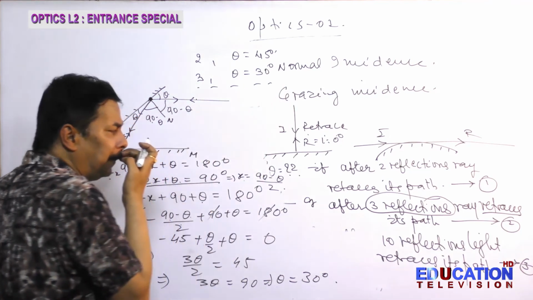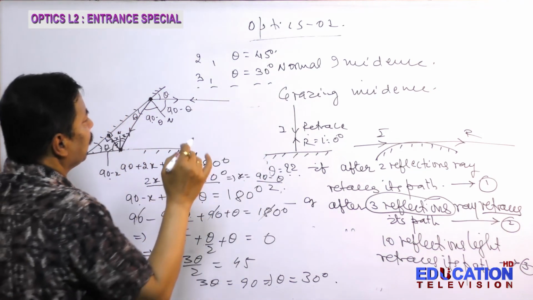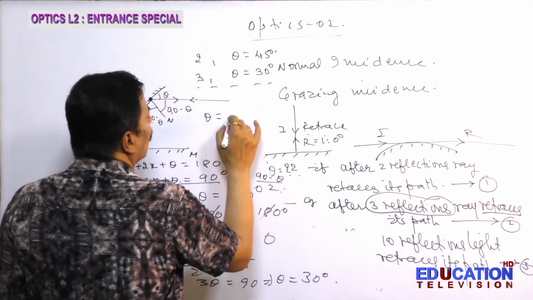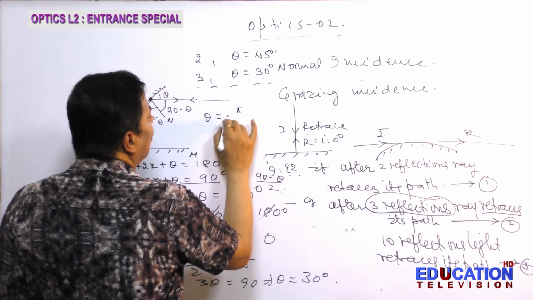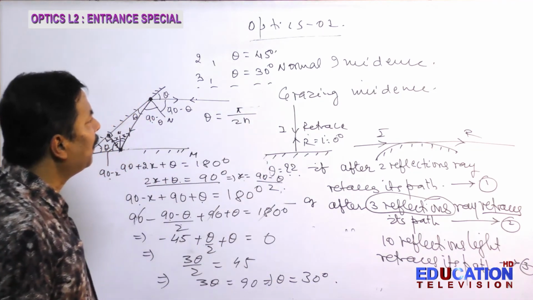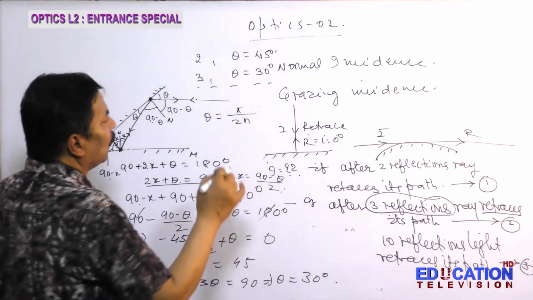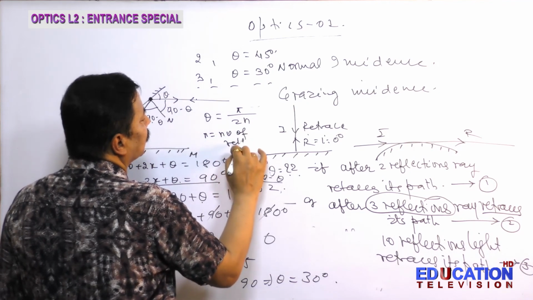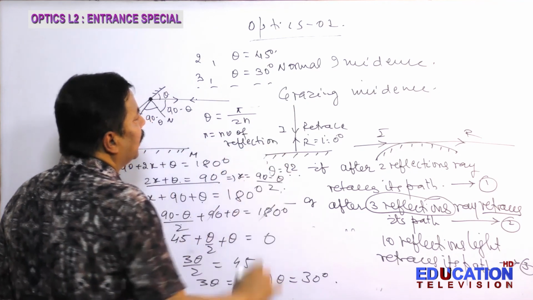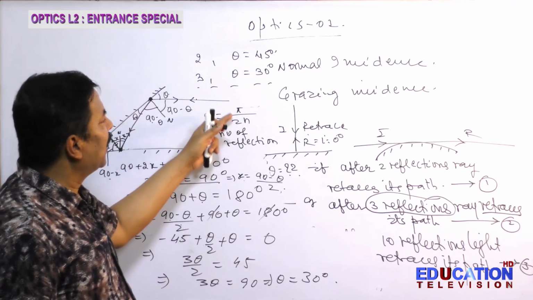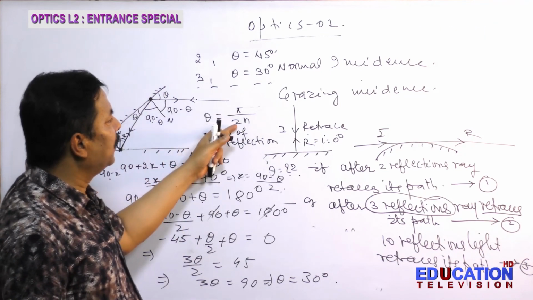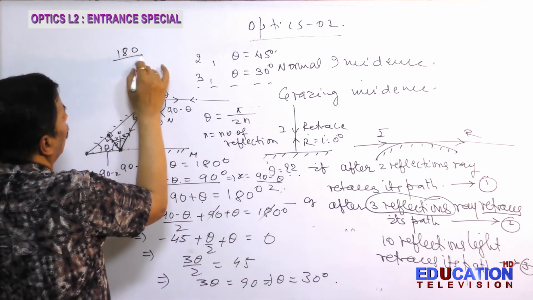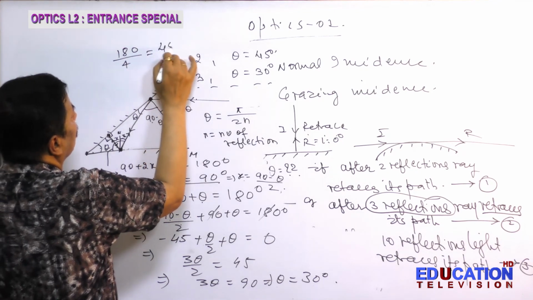This process can be continued, so we can say theta is equal to pi by 2n, where n represents the number of reflections. Here you see, if 2 reflections are there, then it is 180 by 4, that is 45 degree.